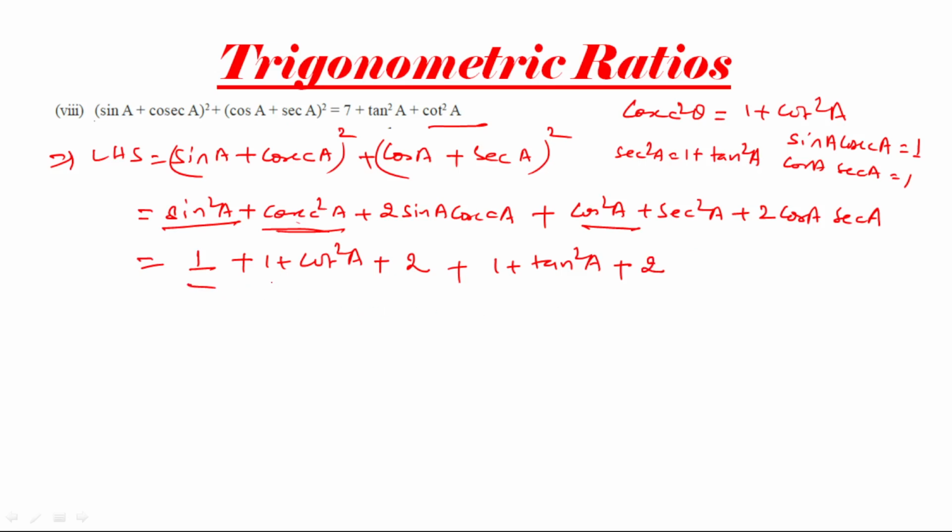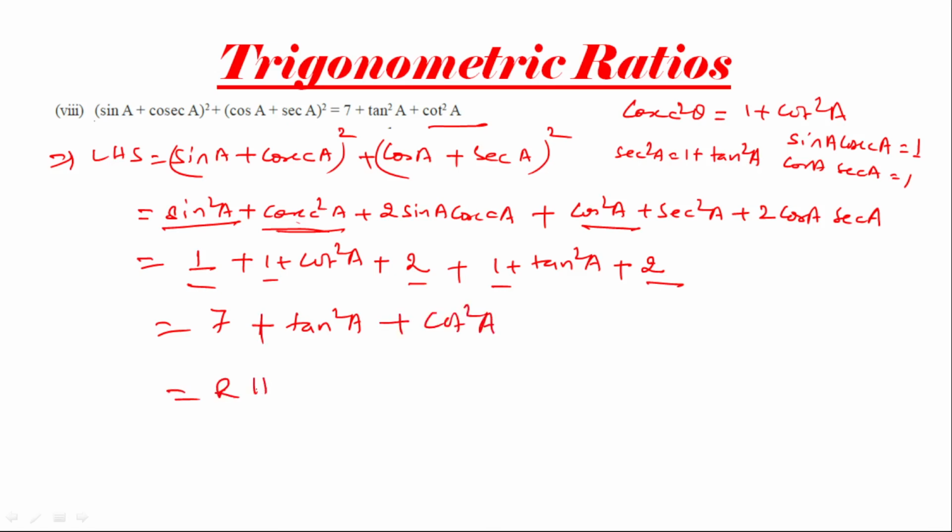So now 1 plus 1, 2, plus 2, 4, 5, 5 plus 2, 7. So this has become 7 plus tan square A plus cot square A, and this is RHS. So proved.